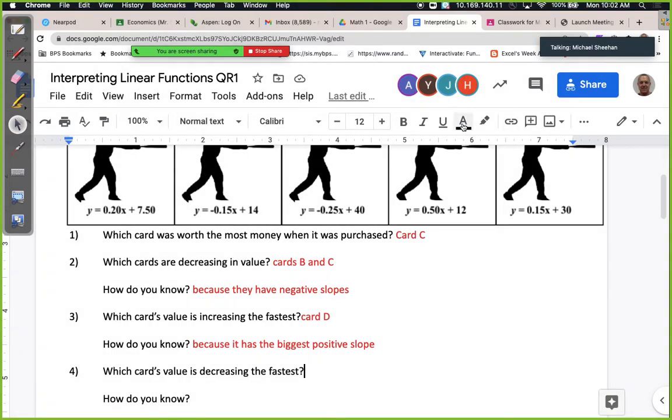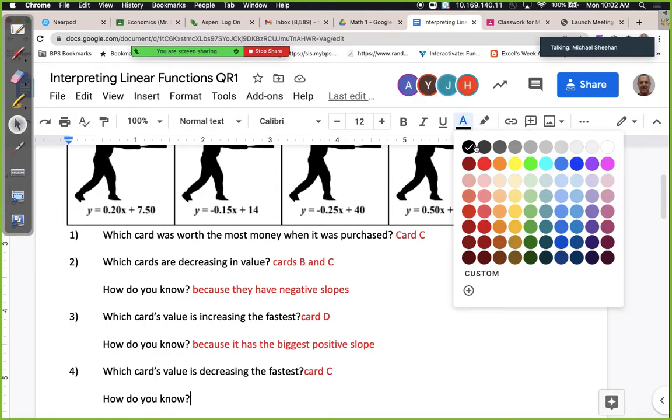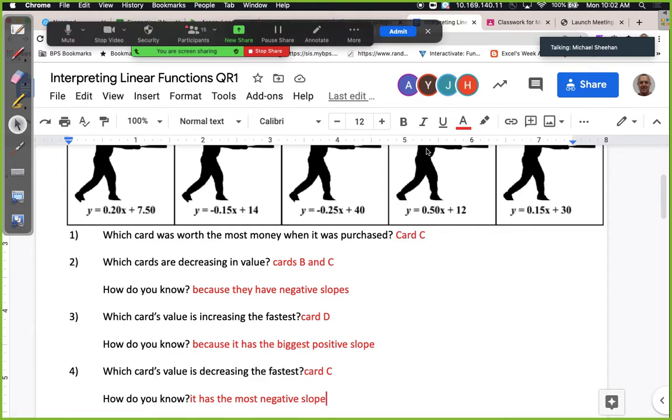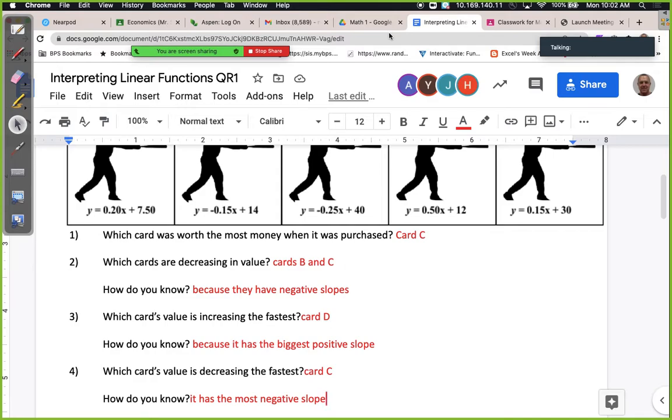So we want to say card C, and we want to say it has the most negative slope, because the more negative it is, the faster it's going down. Does that make sense or no?